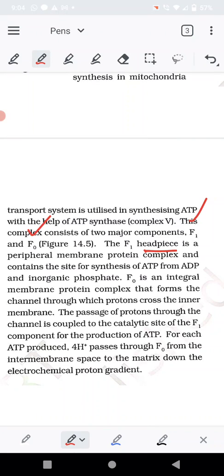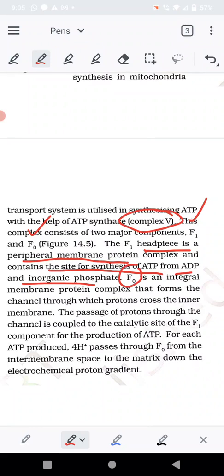The F1 is called the headpiece, and it is the peripheral membrane protein complex, and it contains the site of the ATP formation from ADP and inorganic phosphate. So the ATP synthetase, that is our complex 5, consists of the two components F1 and F0. The F1 is known as the headpiece, and it is the site where ATP is produced from ADP and inorganic phosphate.